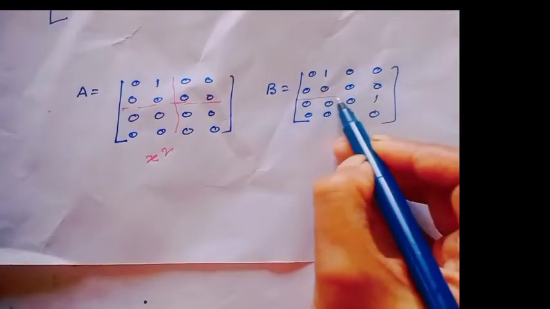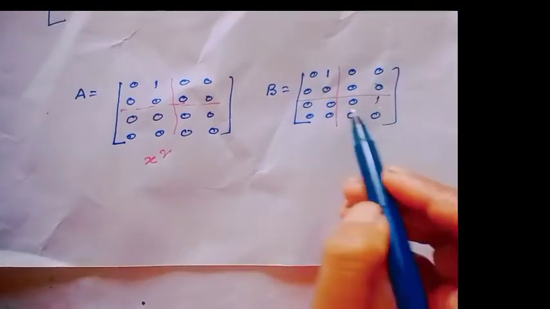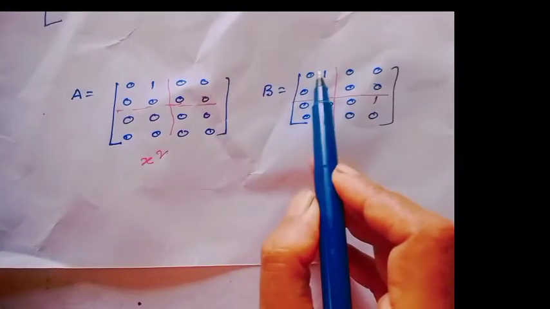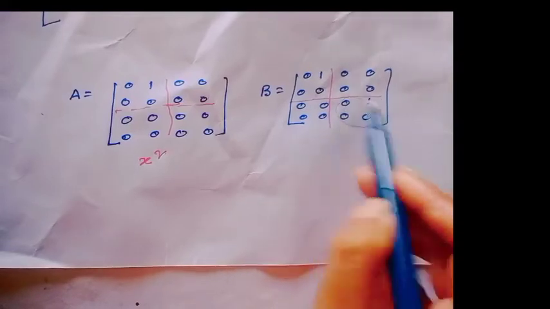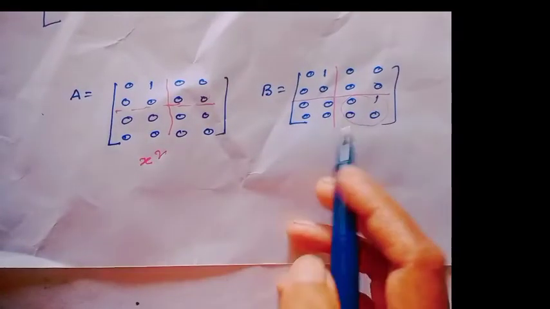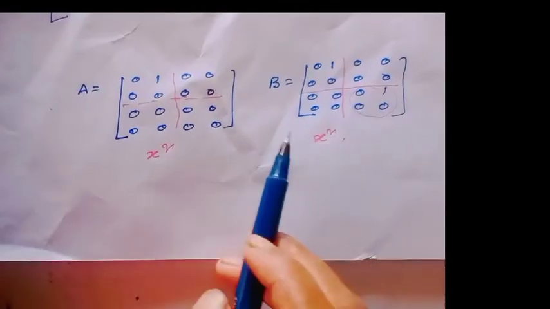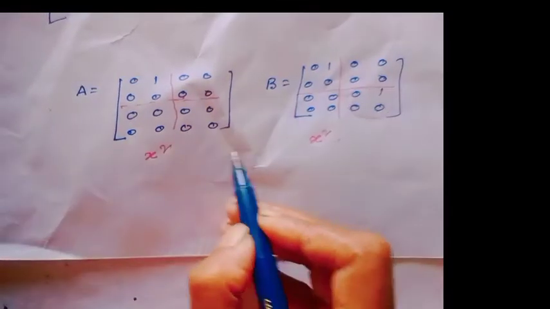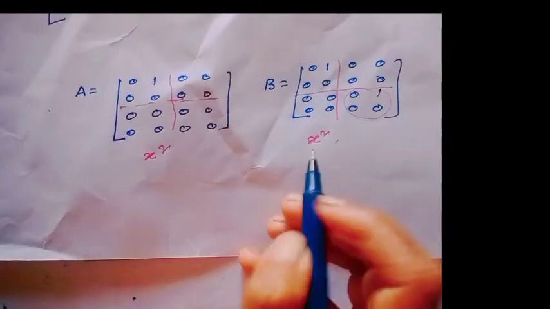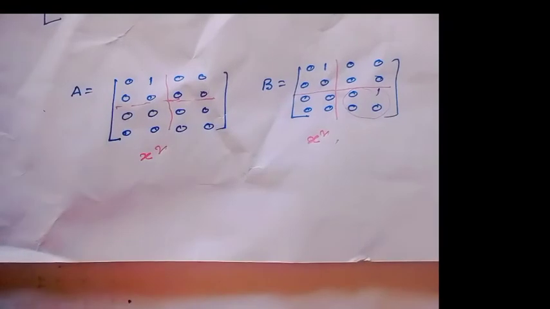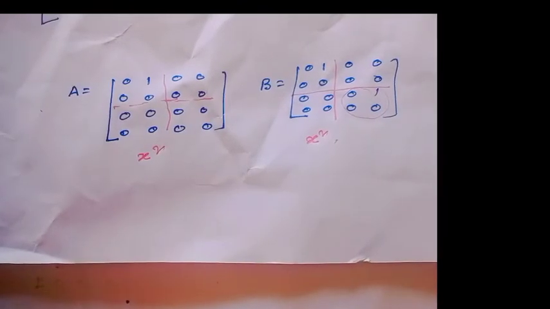Now partition the matrix B. Notice here this block and this block, and the minimal polynomial also is x square, because this is the null matrix. So both minimal polynomials are the same, but these two matrices A and B are not similar to each other.